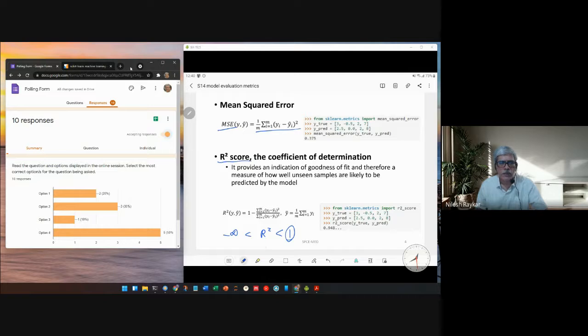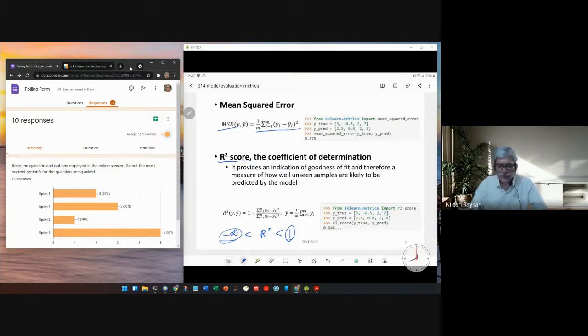R square equal to 0 indicates that your model is estimating... it doesn't have much practical meaning, but physically it means that your model is a constant value, equal to the mean of all the data values. And R square equal to minus infinity indicates that your model has no correlation with the data, or the data has no property of being handled by a regression model.